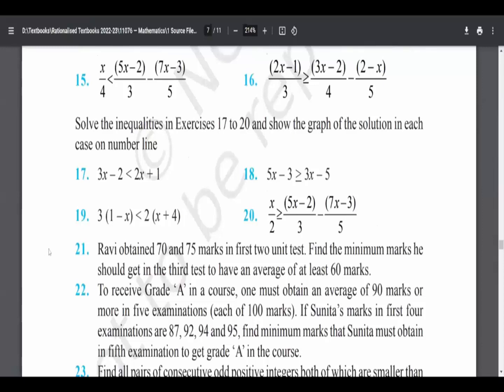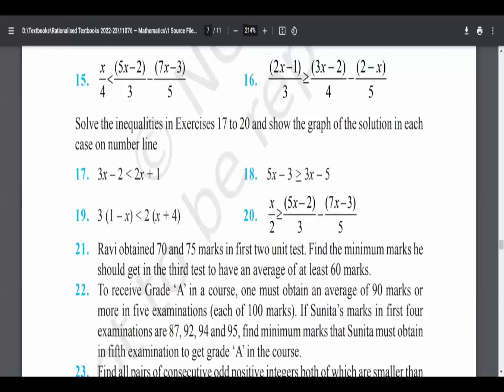3x minus 2 is less than 2x plus 1. Subtract 2x on both sides, add 2 on both sides to get x is less than 3. Drawing the number line, draw a proper number line this time as we have to report it.